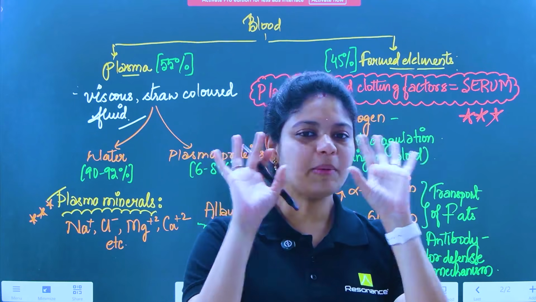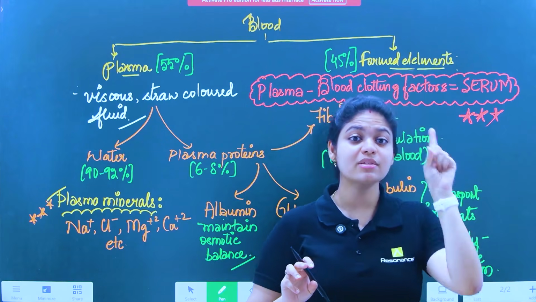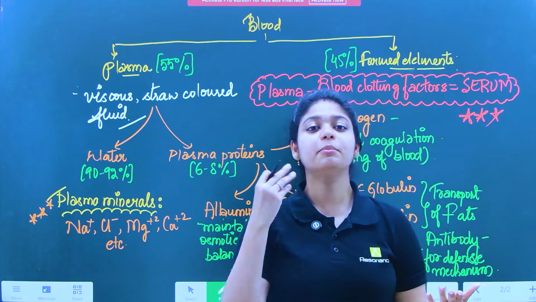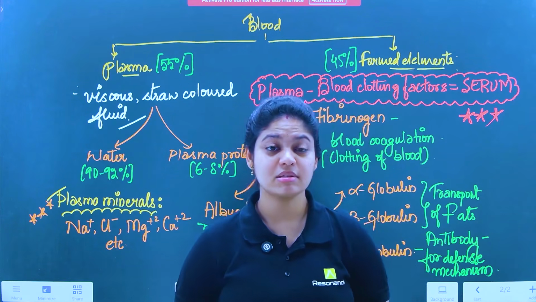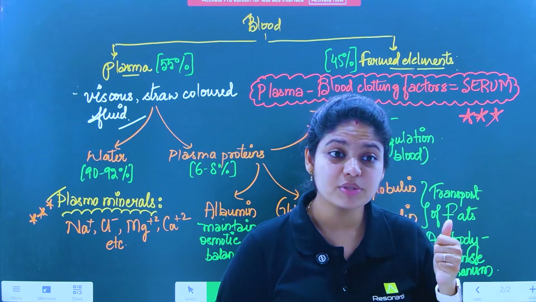Nandita, listen, keep your mind very clear. In blood, there are two components. Number one is plasma, which is 55 percent. Number two is formed elements, which is 45 percent. Keep formed elements aside. In the plasma, what is there? Only two components. How much?